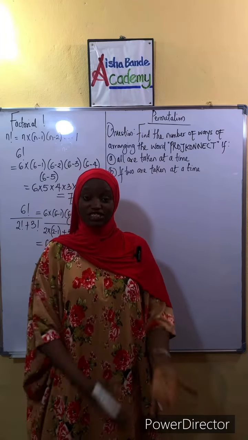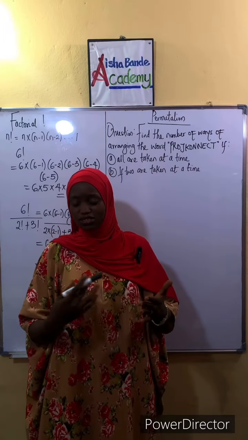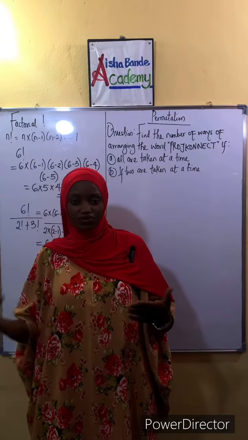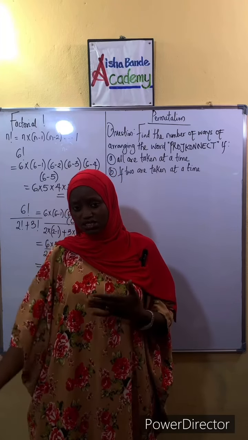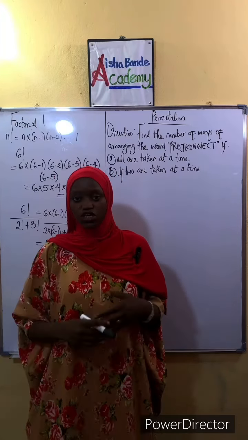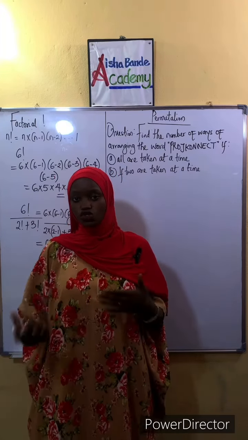Permutation is used in sitting arrangements, such as in a classroom where seats are being arranged, or in a committee, or also in a conference. So sitting arrangements is as a result of permutation. It is also used in marketing and product arrangements, and also permutation is used in genetics, that's in medicine. So these are some of the few real life applications of permutation.